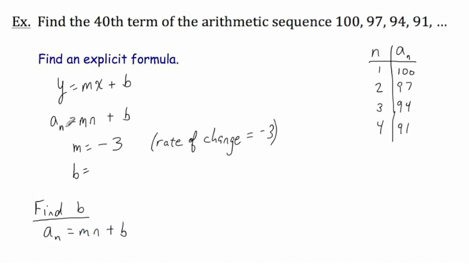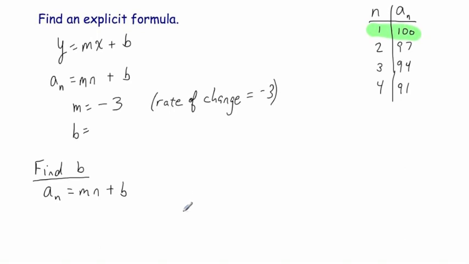So we're using this equation, and we're simply going to select a point to work with here. And I'm going to go ahead and select this first point because 1s are easy to work with and 100s are easy to work with. It doesn't matter which point you use, it'll work out the same each time. It only makes a difference in how easy or difficult the math to get there is.